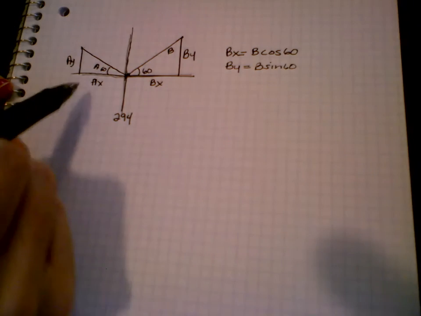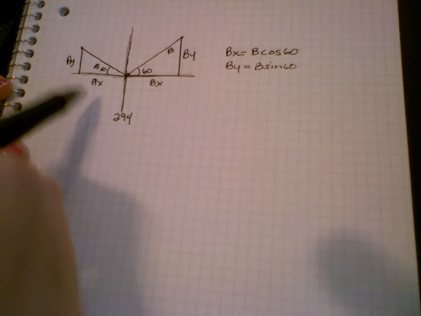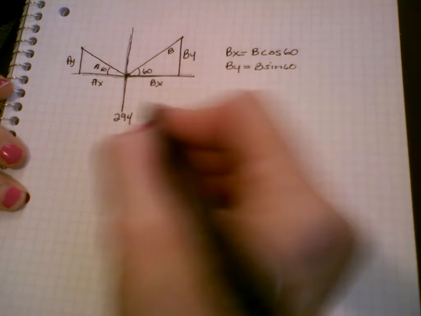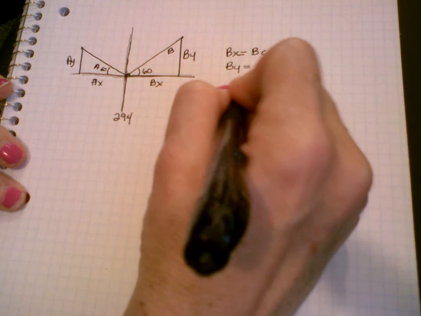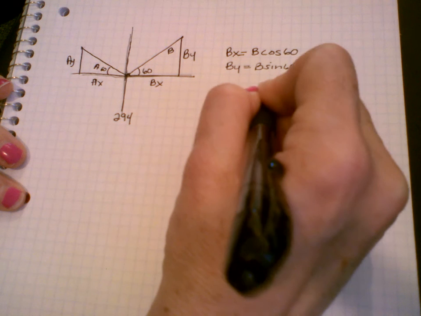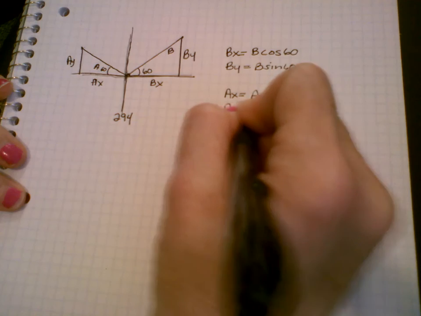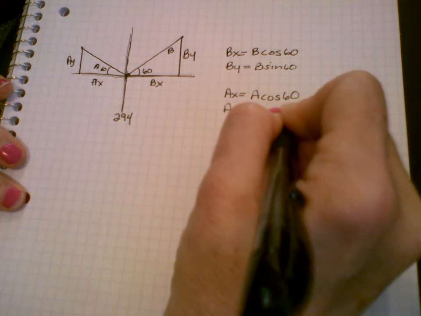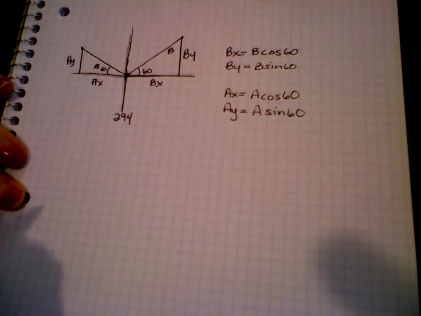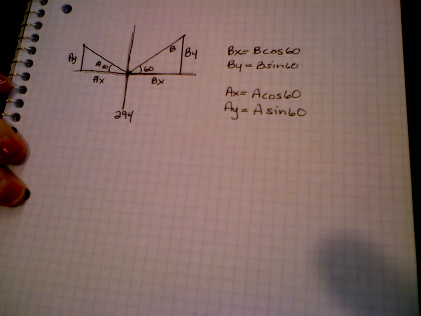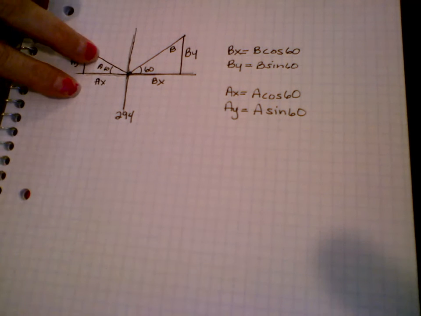The same thing is true on the other side because we're given that same angle. So opposite is a sub y and adjacent is a sub x. So a sub x equals a cosine 60. A sub y equals a sine 60. Okay, and so this is why it's really important to get the picture right.